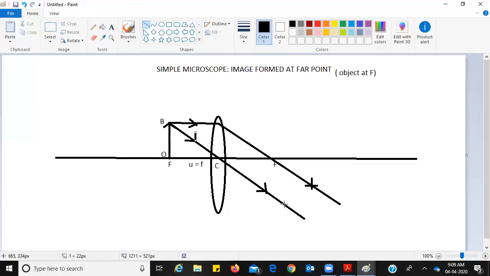Since the light rays go straight, you can even extend the light ray back. Final image is formed at infinity.